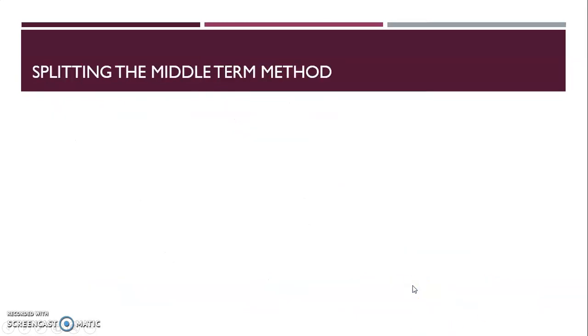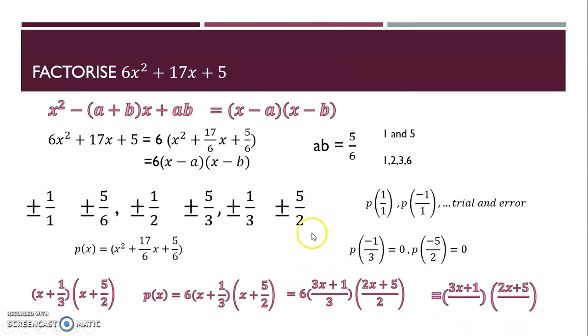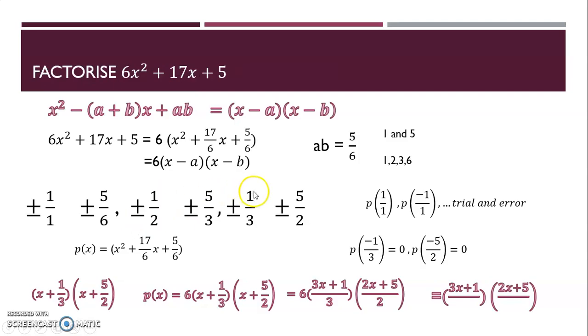So as we have seen, the factor theorem method, in which we look at the factors and try them one by one, actually takes a lot of time.